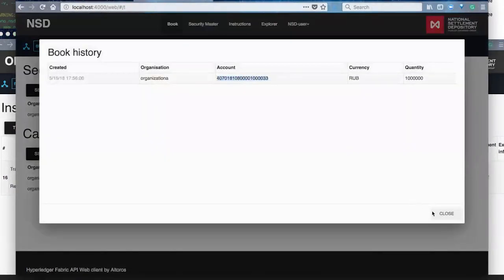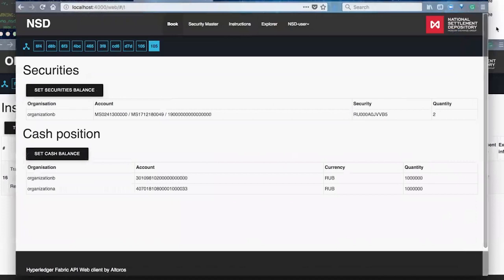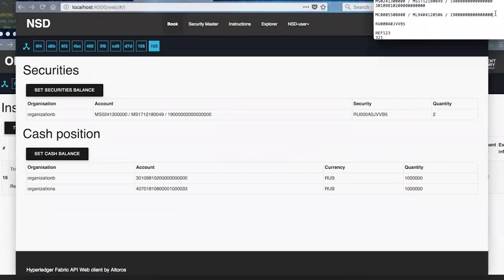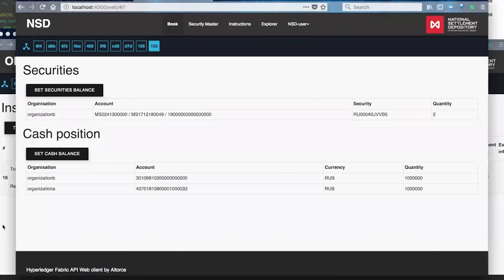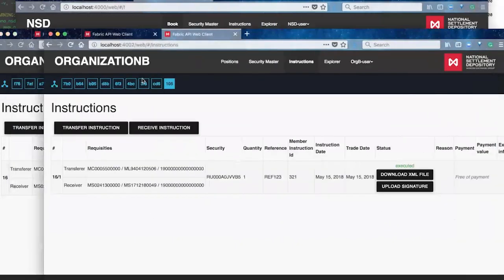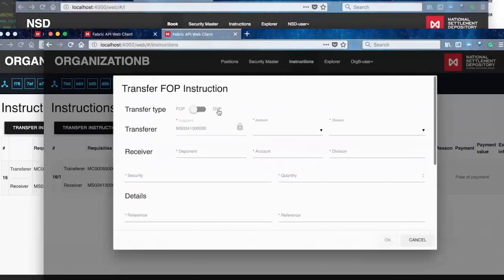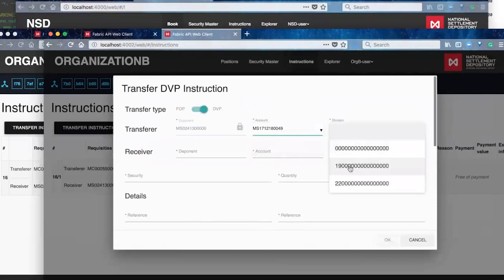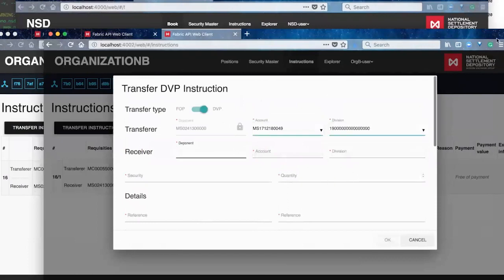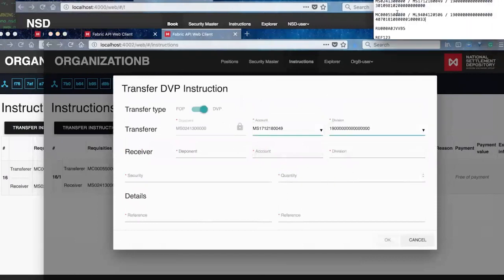So here we'll run briefly through the similar transaction. That was free of payment, and then the second demonstration here is delivery versus payment. It requires also including some of that cash balance account information, which also needs to match in the event that it's delivery versus payment.